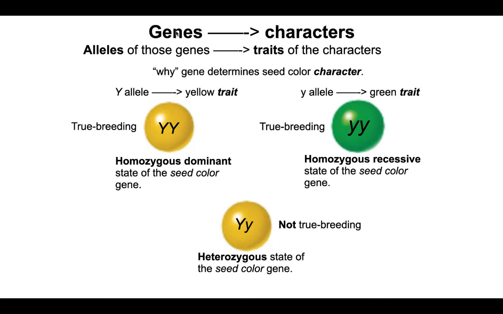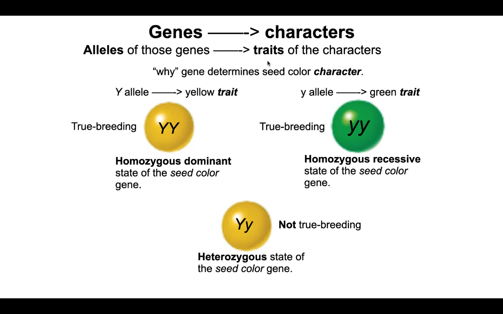So the flower color gene controls flower color, which is the character. And then the various alleles of flower color will control the traits. So the purple flower color allele gives rise to the purple trait. The white flower color allele gives rise to the white trait.